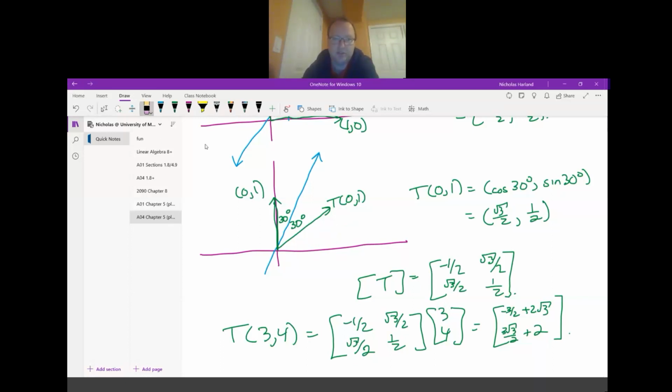All right, so some questions about where these angles came from. Great questions. The point is in order to get a reflection, this is kind of a general thing.